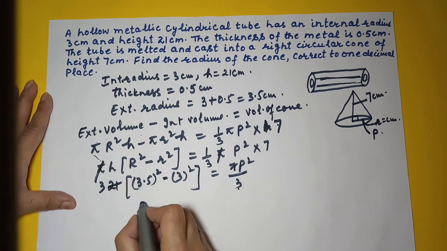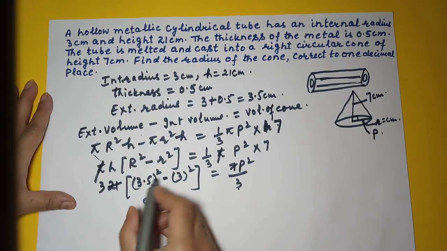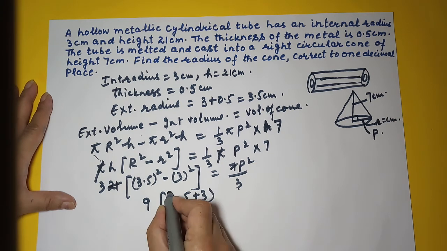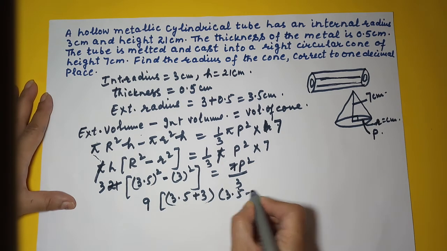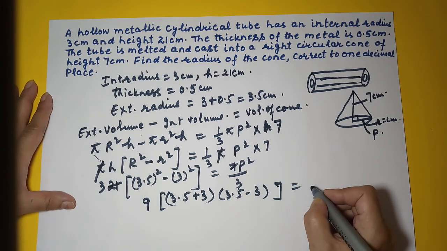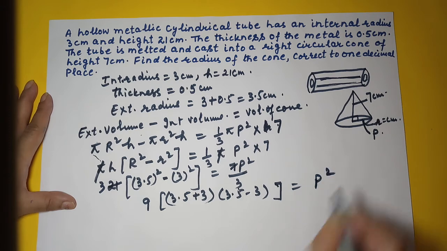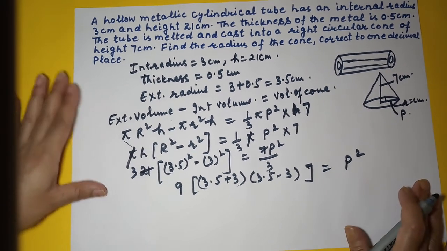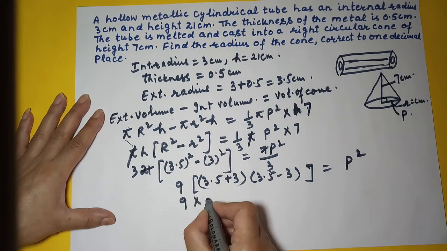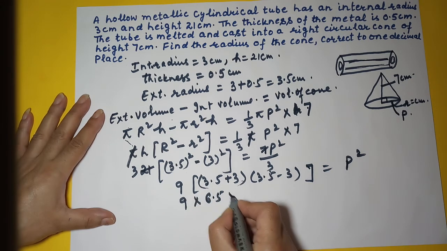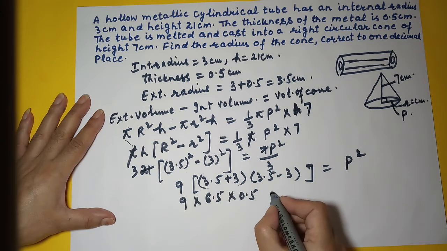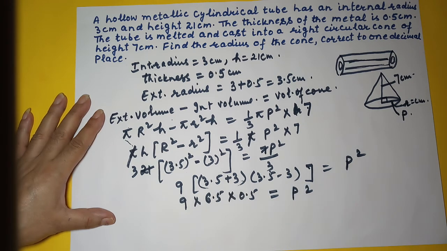Now cross multiply, you will get 9 into R square minus r square, which is 3.5 plus 3 into 3.5 minus 3, and this side you are left with only p square. Now you have to calculate this p square. Now see, this is 9 into 6.5 into 0.5, equals p square.